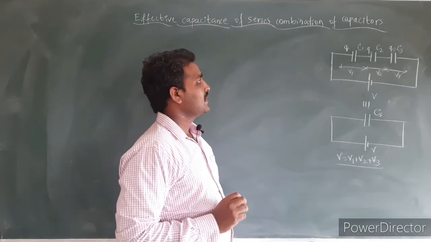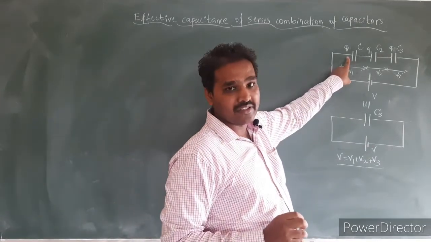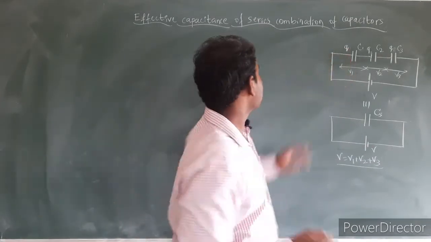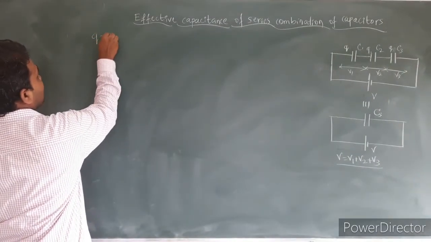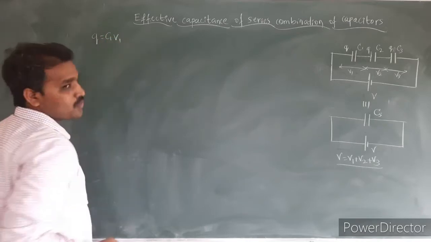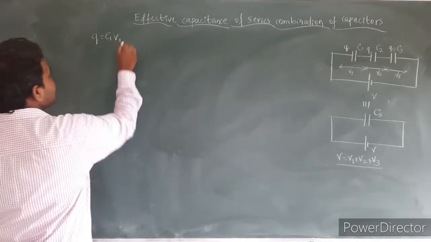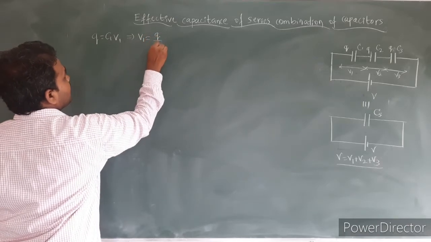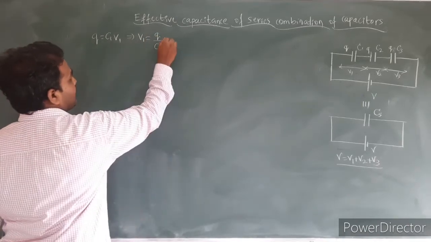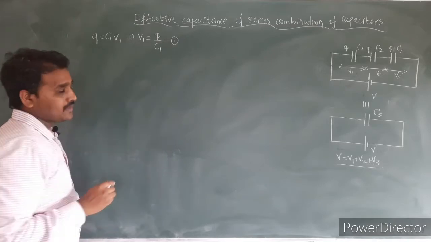Then consider the first capacitor here. By the definition of capacitance, I can write Q is equal to C1 into V1. By this I can write V1 is equal to Q divided by C1. Let it be equation number 1.